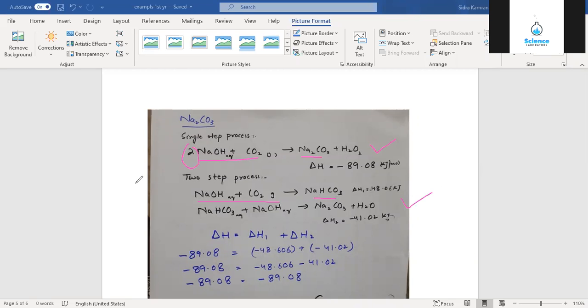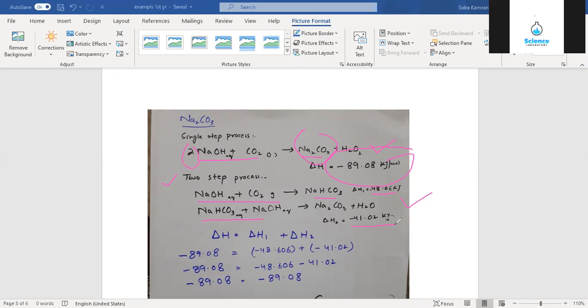The enthalpy change for this single step is minus 89.08 kilojoule per mole. This is the enthalpy change when you are forming it directly in a single step. But if you are choosing 2 steps to make this sodium carbonate, the enthalpy change for the first reaction is minus 48.06 kilojoules, and for the second step, the enthalpy change is minus 41.02 kilojoule per mole.